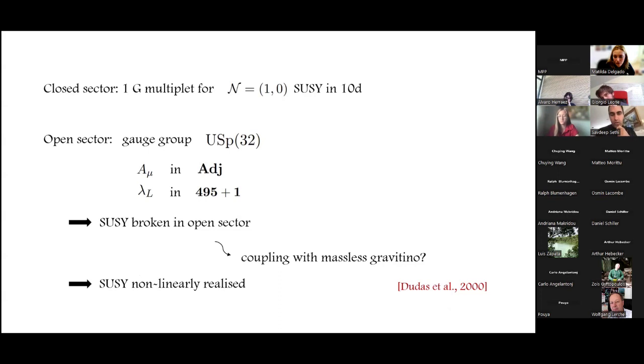It seems that the super Higgsing mechanism could happen in a lower dimensional setting, induced by the scalar potential, because, as Giorgio pointed out earlier, there is no maximally symmetric flat space-time background in this setting.